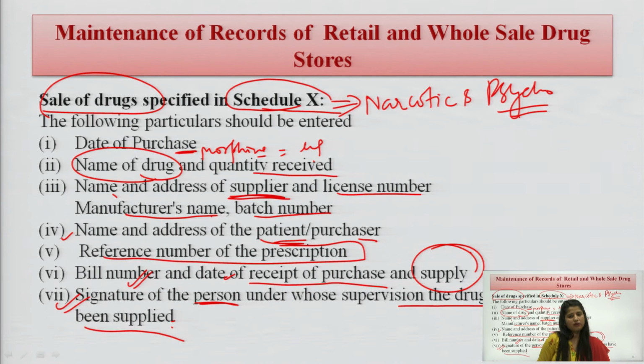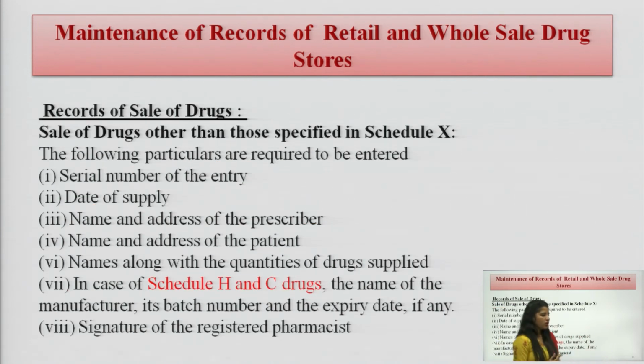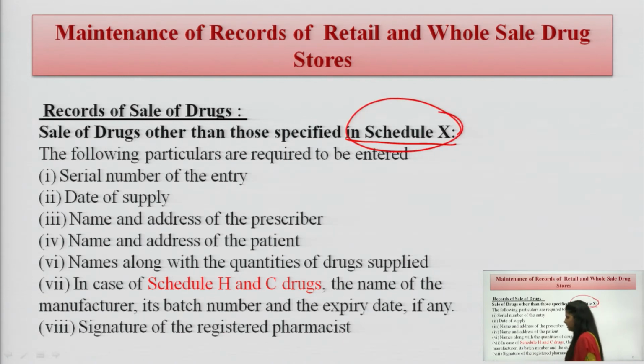this diagnosis. Another is the records of sale of drugs, which is specified, or those specified other than the schedule X, means other than the narcotic and psychotropic substances. So, what is the information the registered pharmacist or whosoever is working in any of the drug stores will write or will store as data.